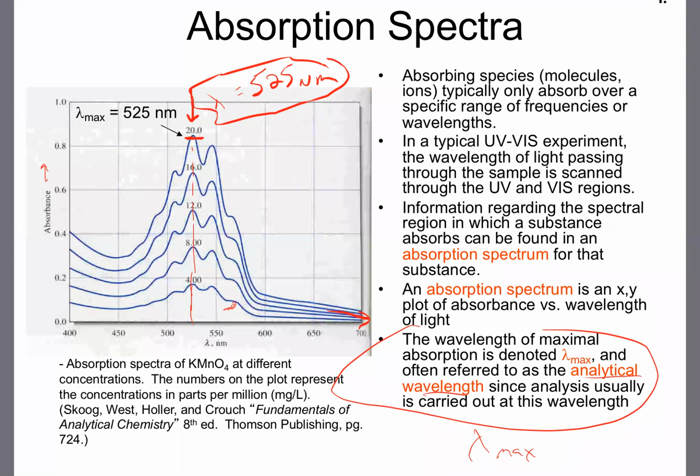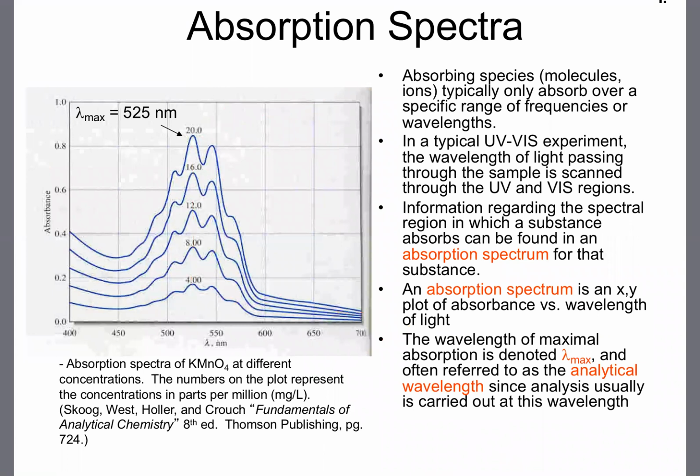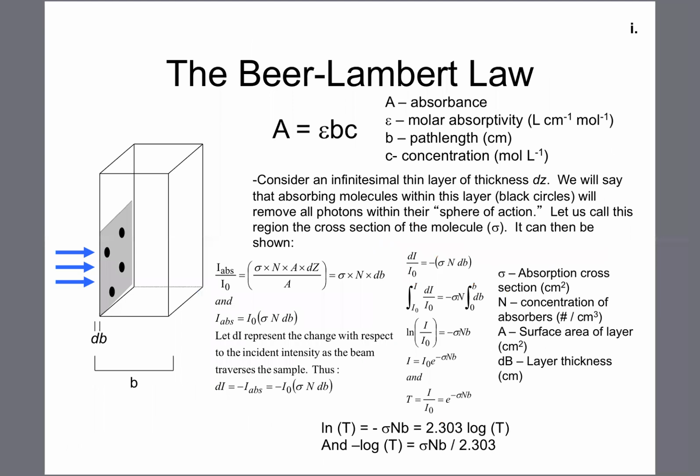And the reason is that usually the analyst will choose to make their quantitative measurements right at that wavelength. Because the material absorbs light strongest there, I can get the most sensitive detection as a result. So the absorbance spectrum is nothing more than a plot of light absorbance versus wavelength. It gives us information as to what color or what wavelengths of light are successfully absorbed by the molecule of interest. And that's why chemists use it, okay?